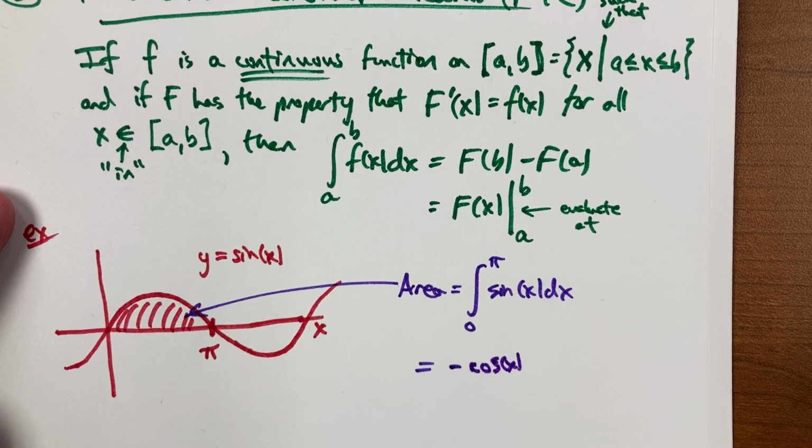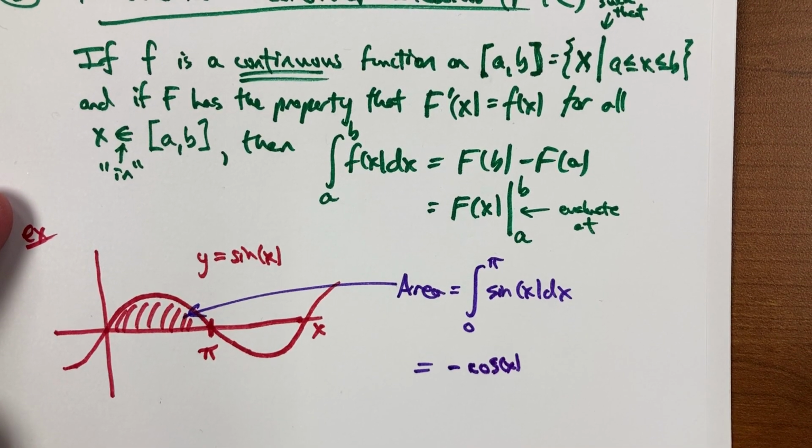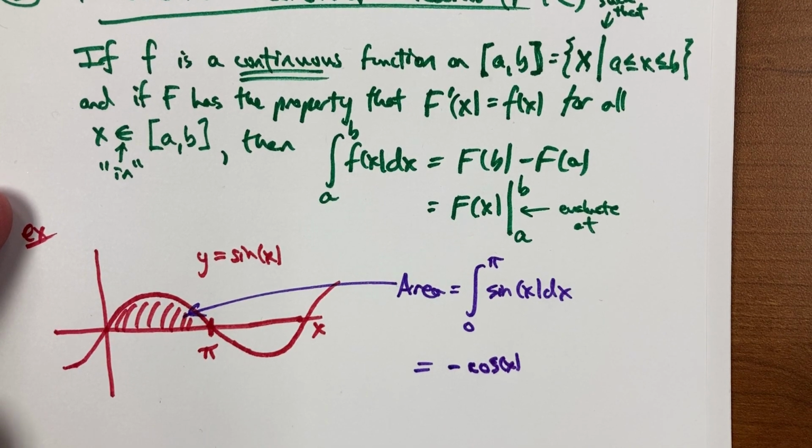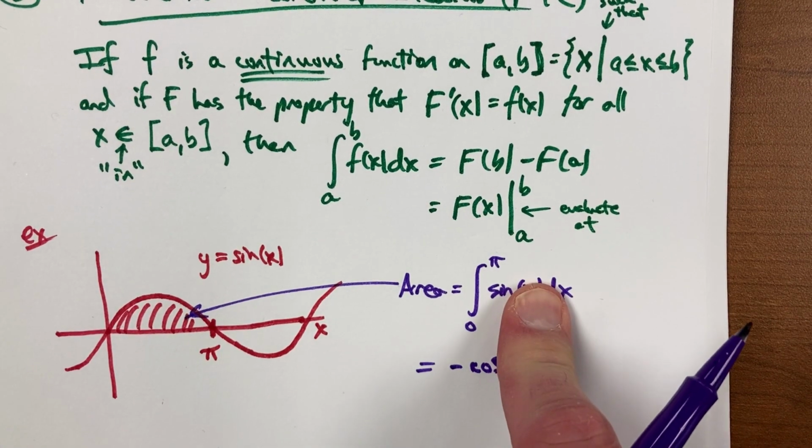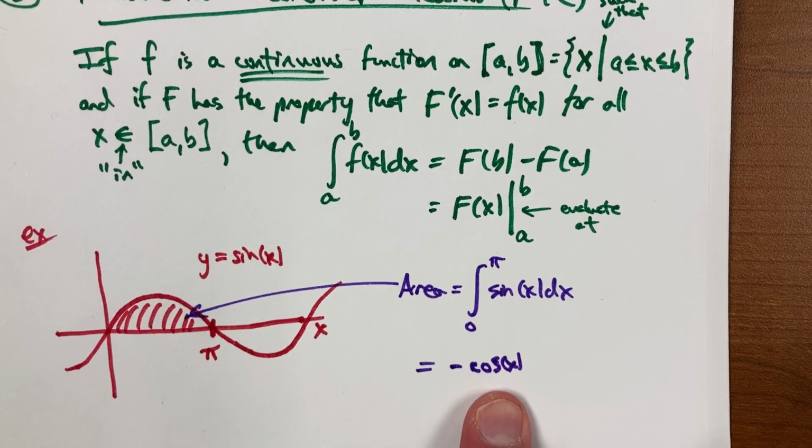Why? Well, careful. The derivative of sine of x is cosine of x. But the derivative of cosine of x is negative sine of x. And that's the reason an antiderivative of sine of x is negative cosine of x.